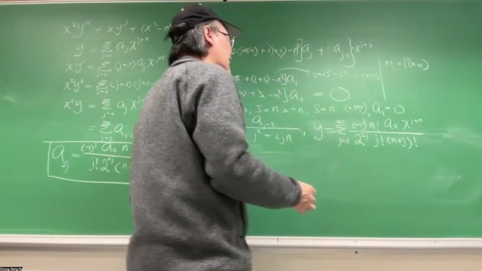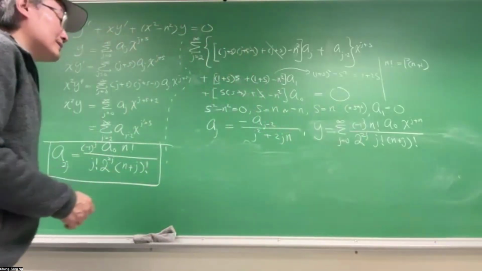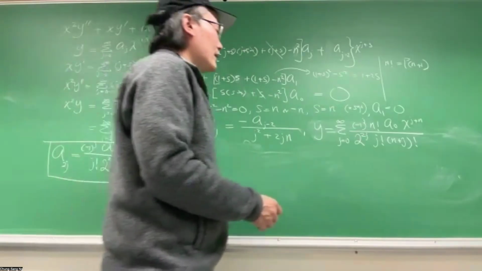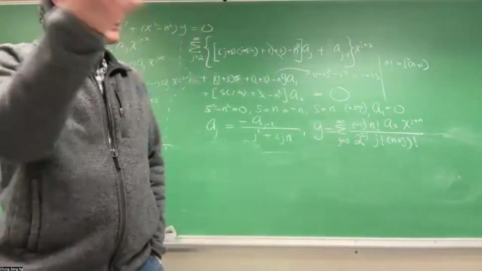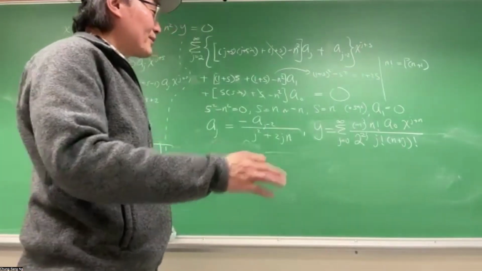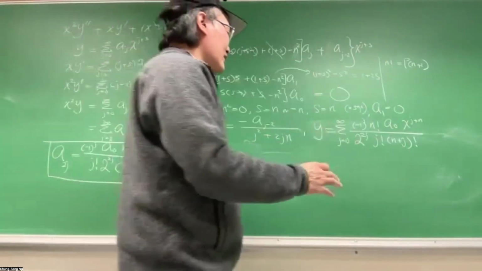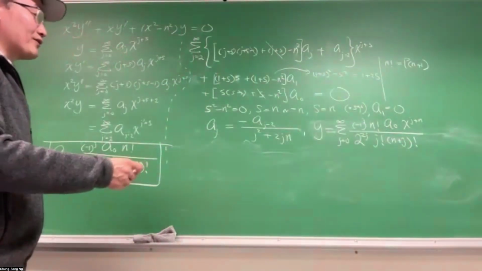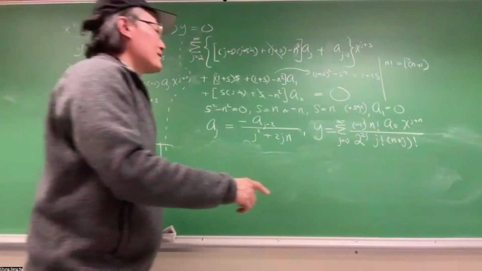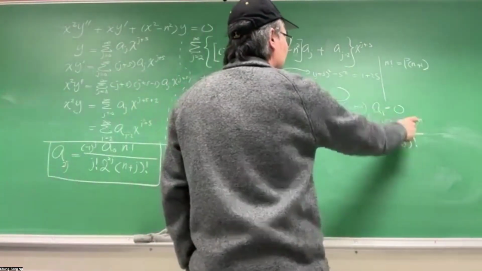You get two series, and you can also show that they are linearly independent. To check that, we need to go to the next section, but later on you can check that by that method. We'll talk about it hopefully quickly. And so there are two solutions for real n.